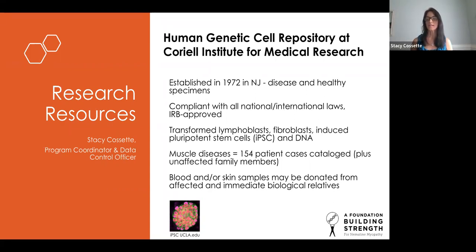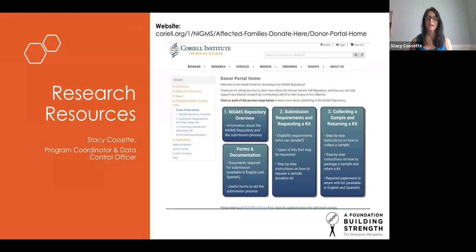And this is for a one-time donation that is then made into cell lines for research use, using the patient family's exact genetic variant, which is very powerful. If you would like to read more about this program, just go to coriell.org. And here I have shown a screenshot of what the affected patient family page looks like.